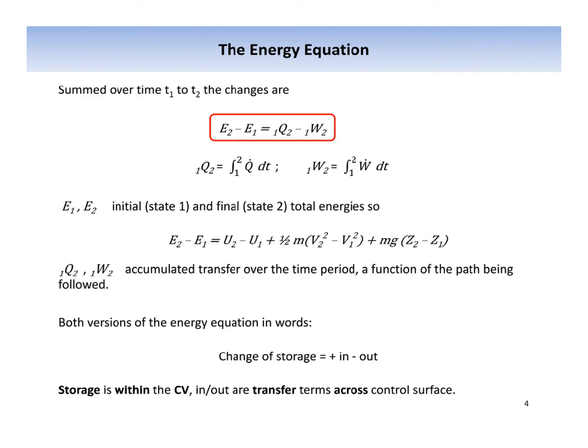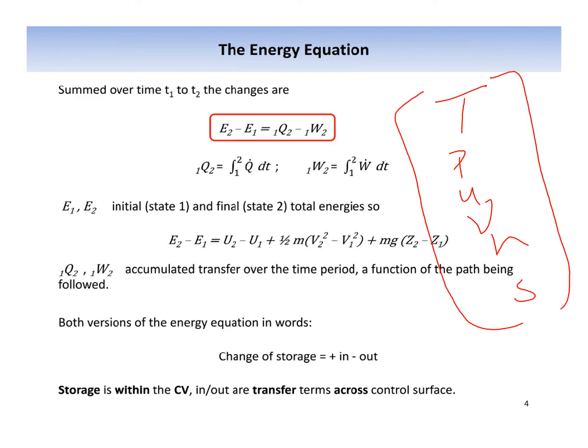We know that there are properties of systems like temperature, pressure, internal energy, volume, enthalpy, entropy. So these are the properties of the system, whereas heat is not a property of the system. We cannot write Q2 minus Q1 is equal to Q1 to 2.